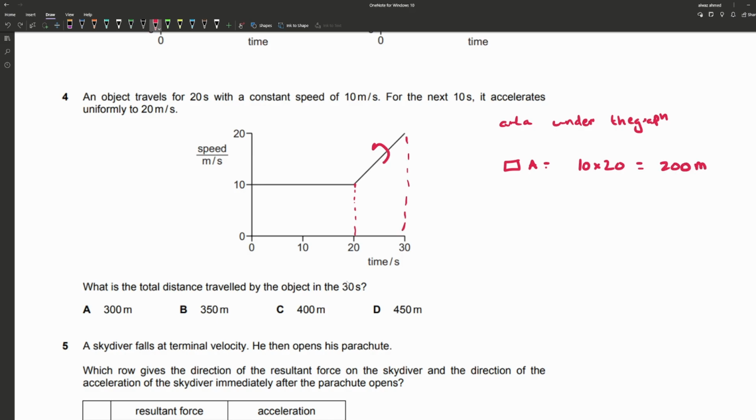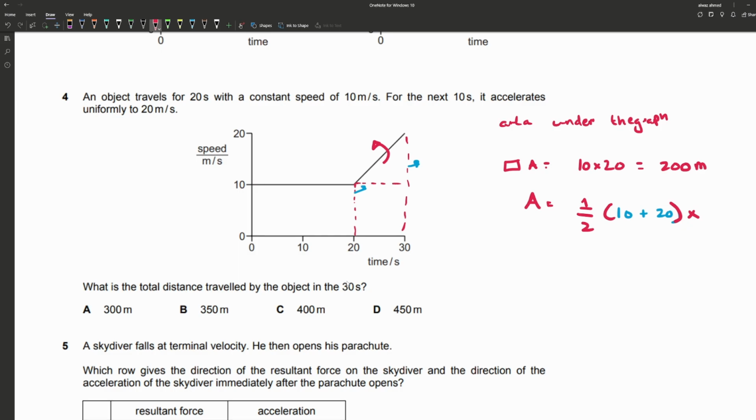We have this shape, and the formula to calculate the area of this shape is 1 over 2 multiplied by the sum of the lengths of the two parallel sides, which in this case are this and this. So this will become 10 plus 20 multiplied by the height between those two sides.